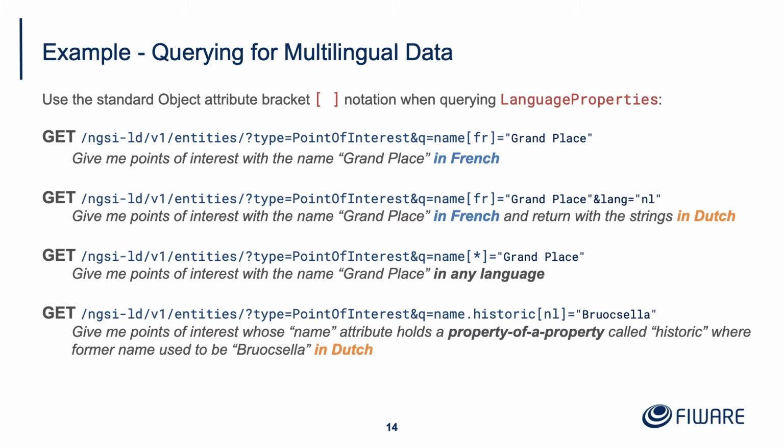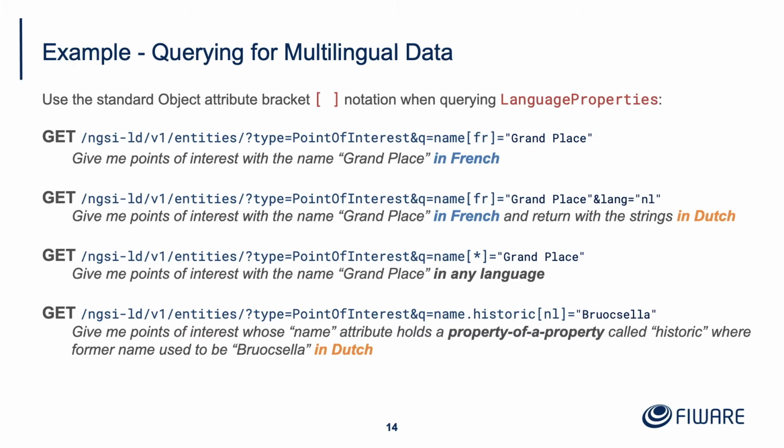Of course, you can combine this new lang parameter with the existing q parameter. So you can say, give me the points of interest with the name Grand Place and return my strings in Dutch, and it should return Grote Markt. And if you put a star in a language map property, then that would obviously give it in any language. That is new.